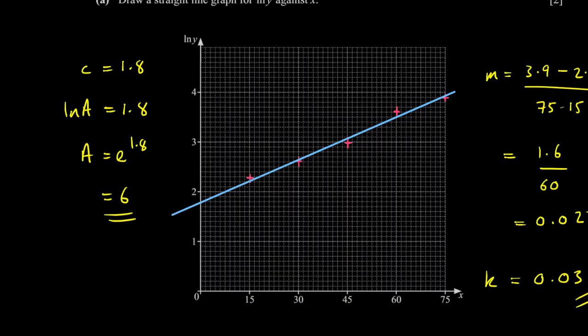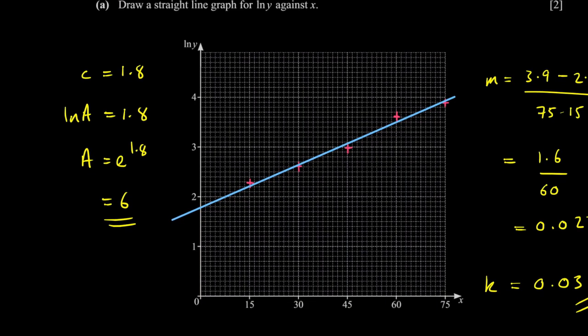We could probably use our graph, I guess. So let's go back to the graph. If y is equal to 17, what's ln y? ln 17 is equal to, I'll make sure I read my calculator properly, 2.83. So that's going to be roughly here. 2.83, so we'll call that ln 17.